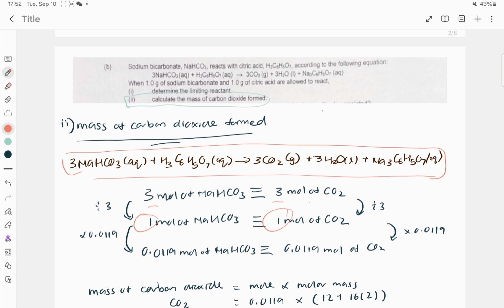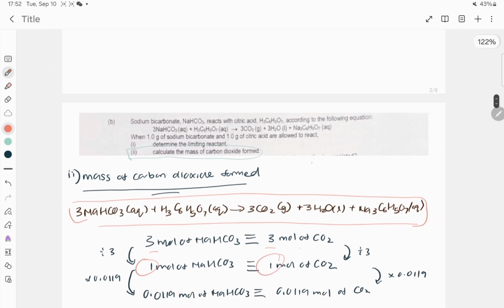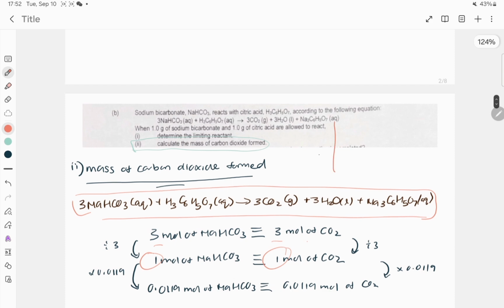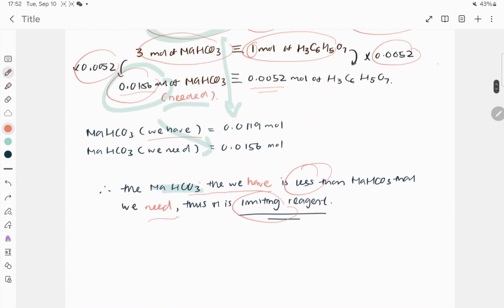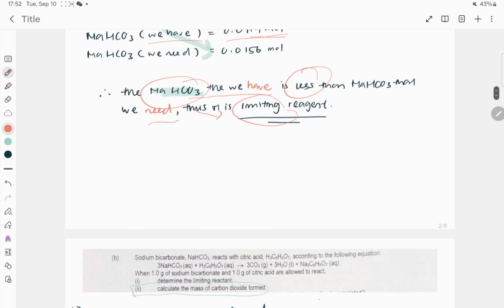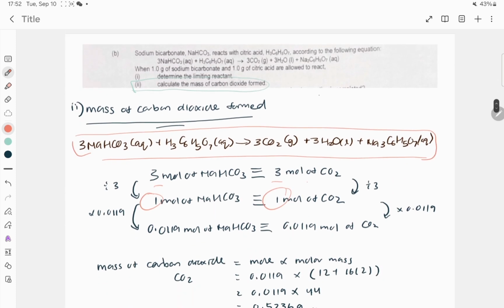We use the limiting reagent to calculate the product. The limiting reagent is NaHCO3, over here. The number of moles that we have is 0.0119, so we can just transfer it over here.